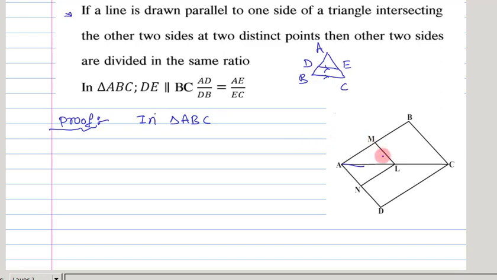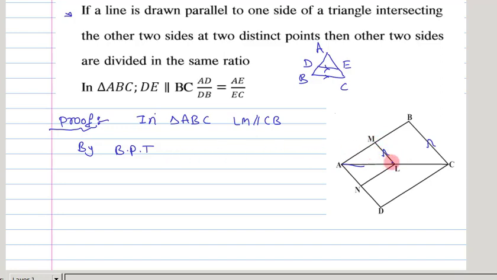They mention that LM is parallel to CB. That means this is a line drawn parallel to one side of a triangle. So by using the basic proportionality theorem, we can say that LM divides the other two sides, AB and AC, in the same ratio.